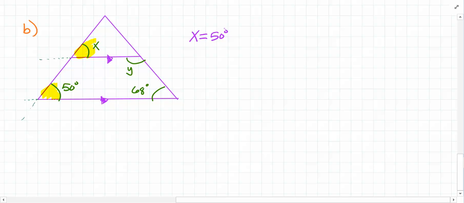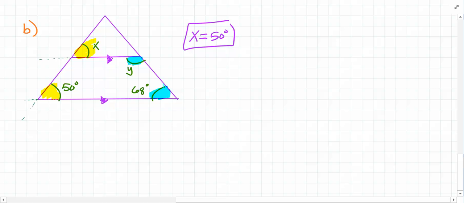But are we done yet? No, we're not done yet. So x is 50 degrees. Awesome. Now remember, these two lines are parallel. So what are those right there? Those are not corresponding. They are same side interior.